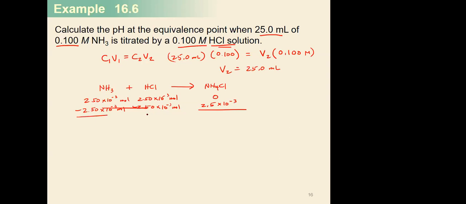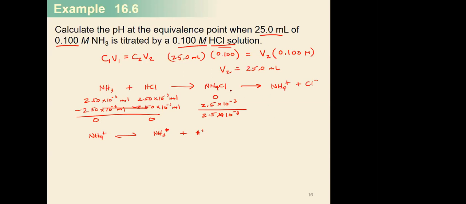So in the end, you don't have this, you don't have this, but you have this one. Now this is a salt, and it hydrolyzes to give you ammonium ion and chloride ion. Between the two, which one will hydrolyze? The NH4 plus will hydrolyze to give you NH3 and H plus.